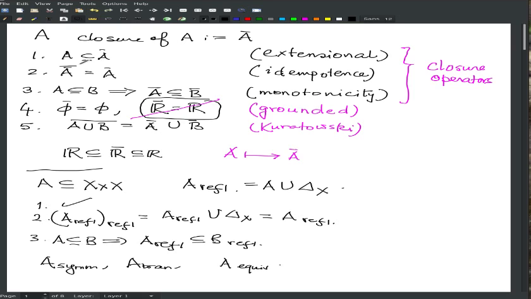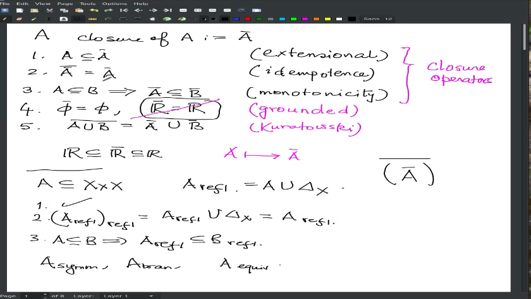This side means you first take the bar, which is also a subset, to which you apply your bar again. And the equation says that if you do this, you don't get anything more than A bar, what you already had.